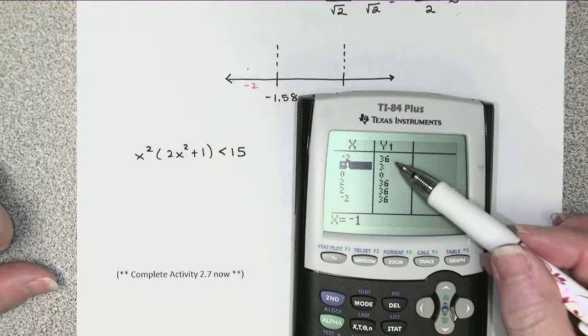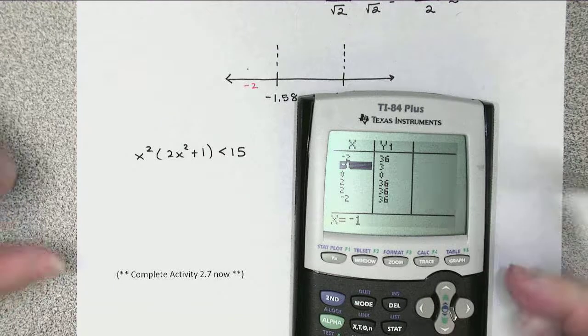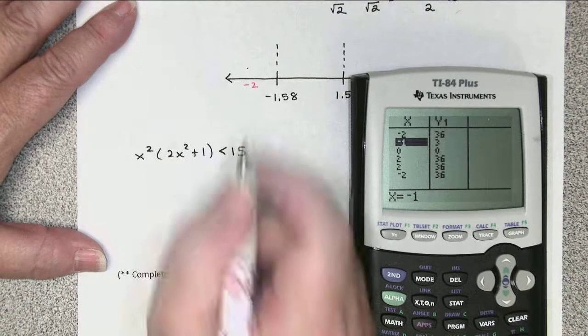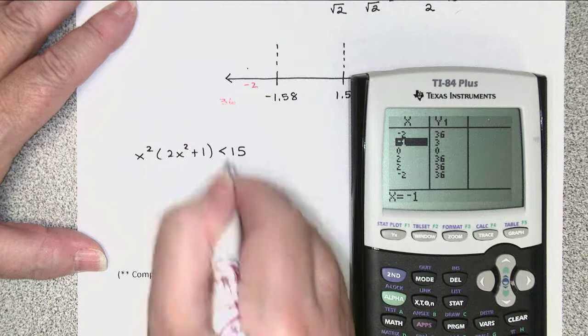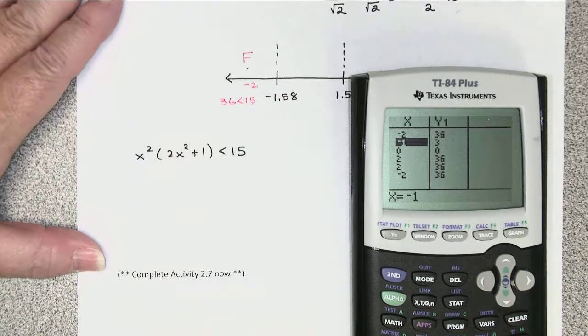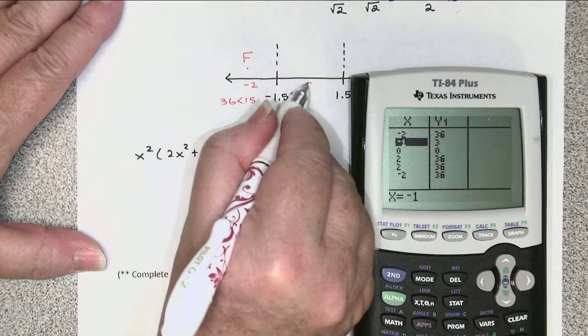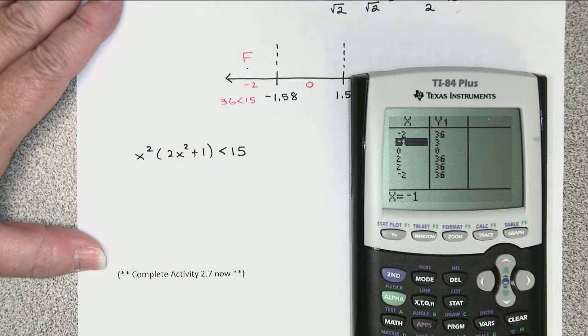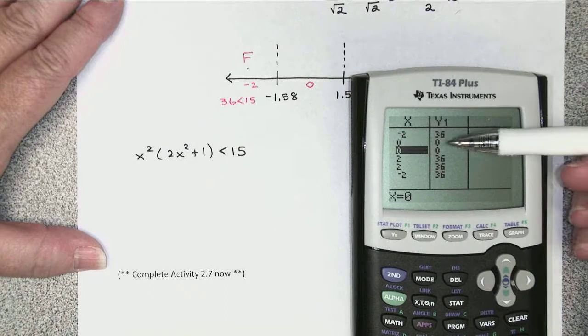That gave me a y value of 36. So I would have 36 is less than 15. Definitely false. Okay. Let's try 0 next. 0 gives me a y value of 0 also.